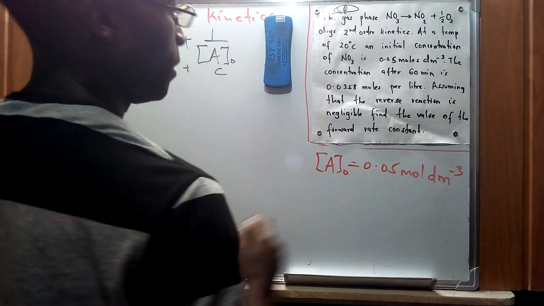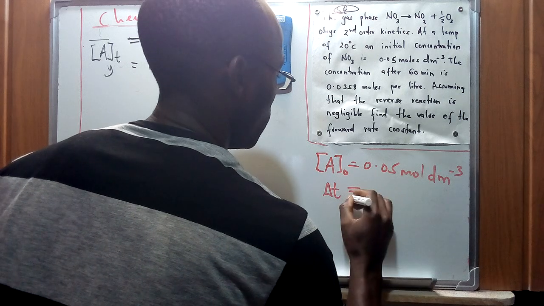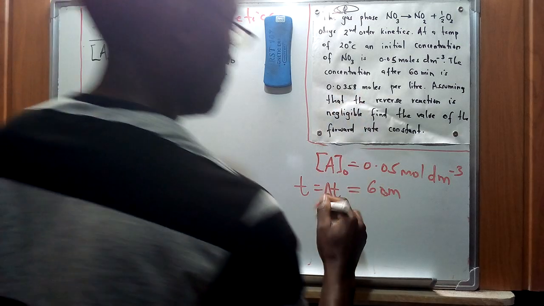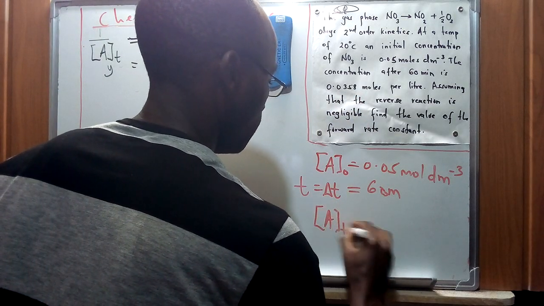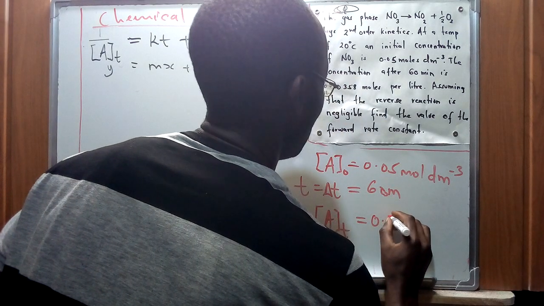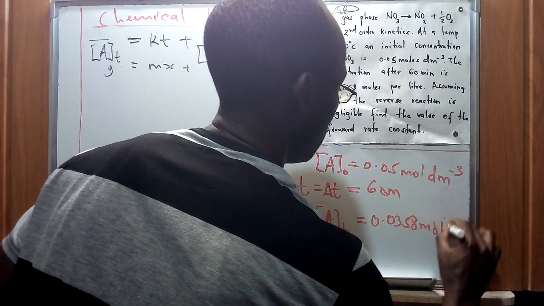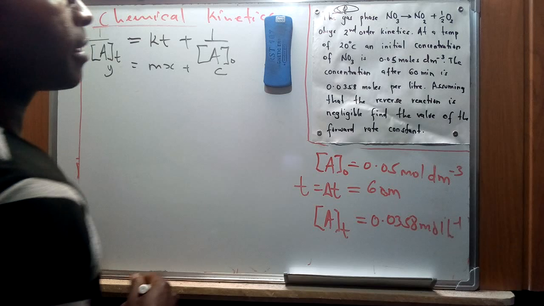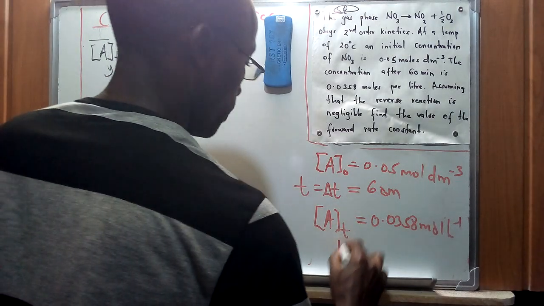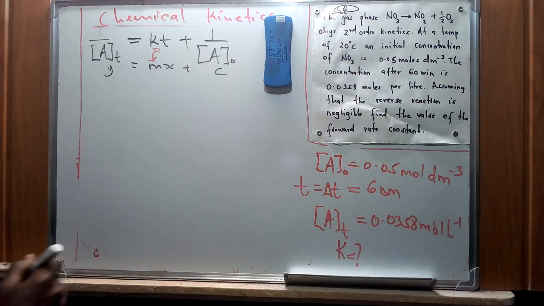The concentration after 60 minutes, so the time t equals 60 minutes, is 0.0358 moles per liter. Assuming that the reverse reaction is negligible, find the value of the forward rate constant. So we are being requested to find the value of k, which is the slope as we said.